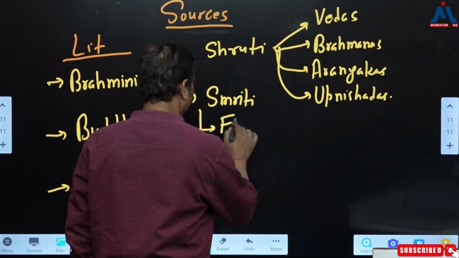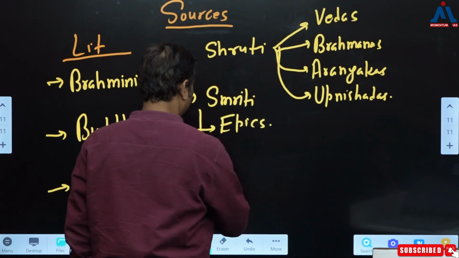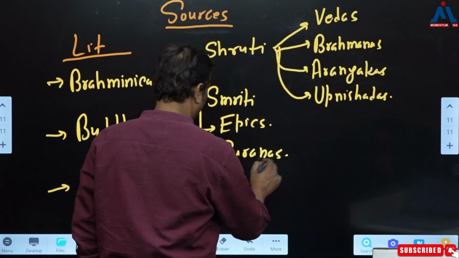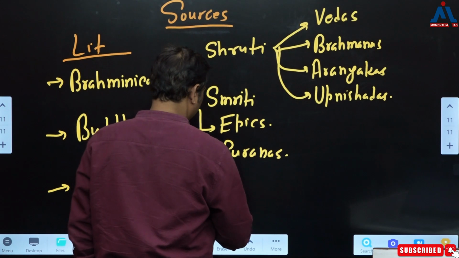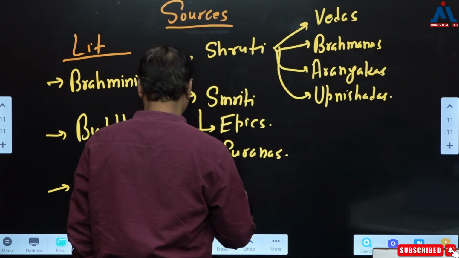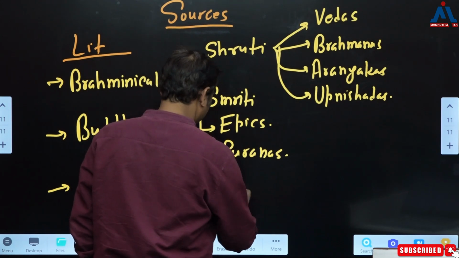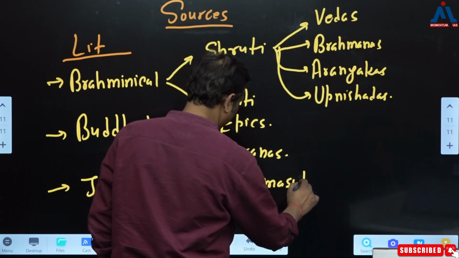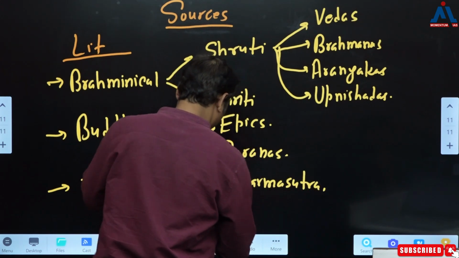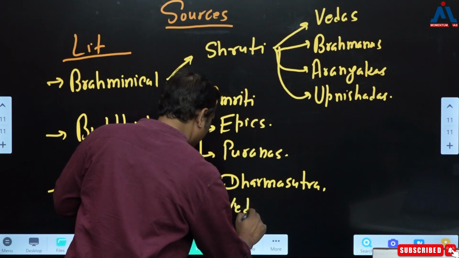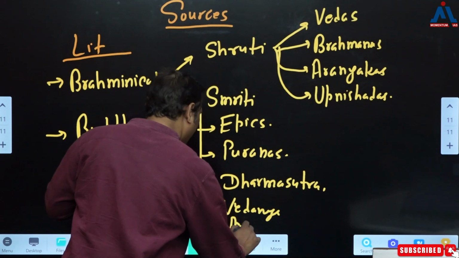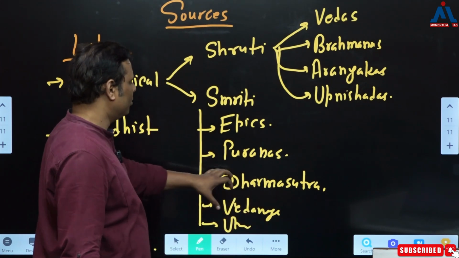The most important is epics, then the Puranas, then I think that's not that much important, Dharma Sutras. Then you can talk about Vedangas, and then Upavedas and so on. There are many. Okay. Dharma Sutras important.